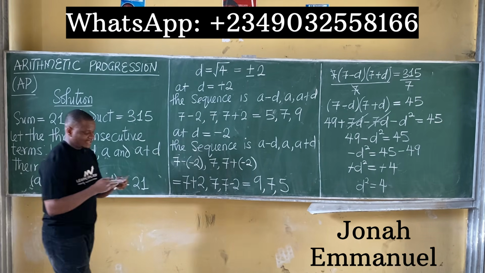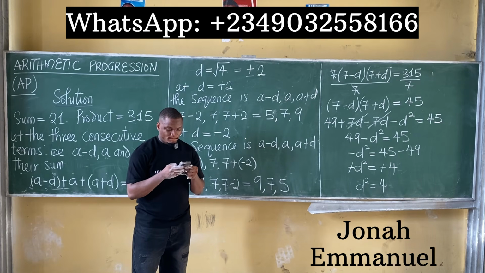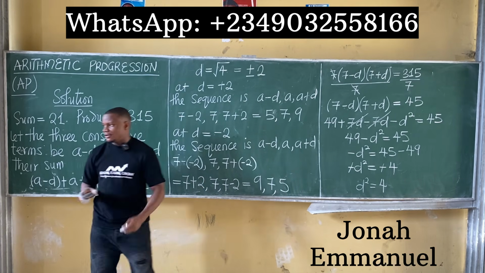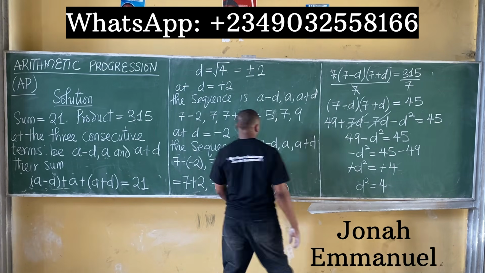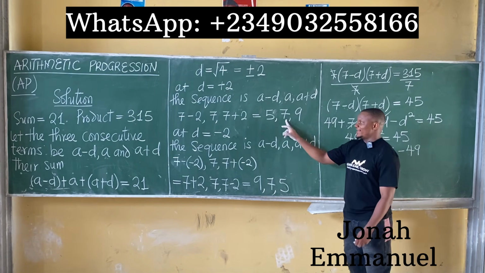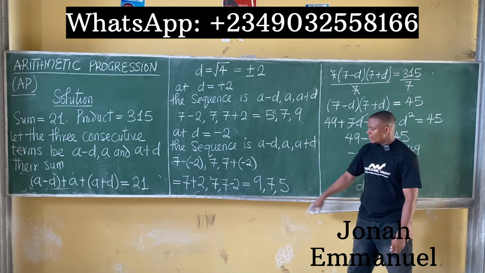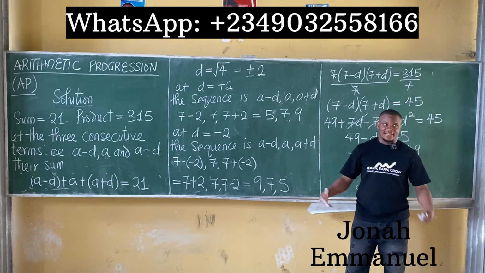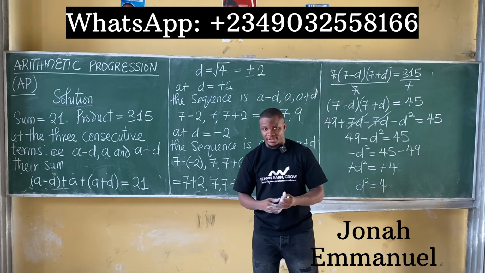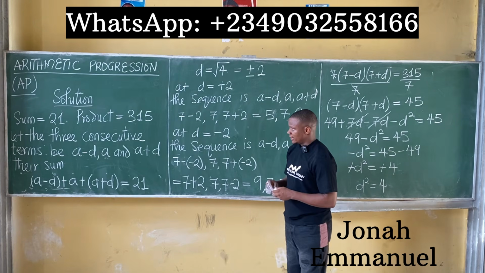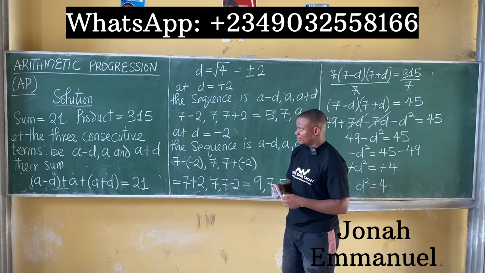The question exactly here was what? Find the terms. So the terms we have to find would be 5, 7, and 9, or 9, 7, and 5. It's the same thing, just arranged in different orders, one in increasing order, and the other in decreasing order.